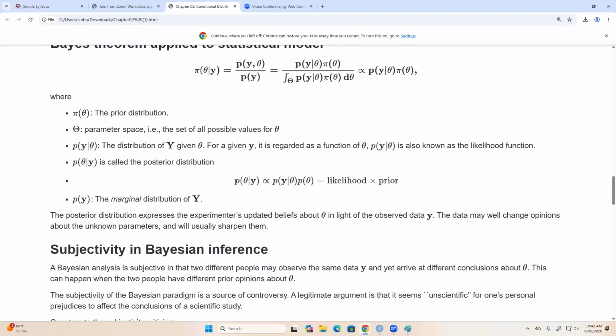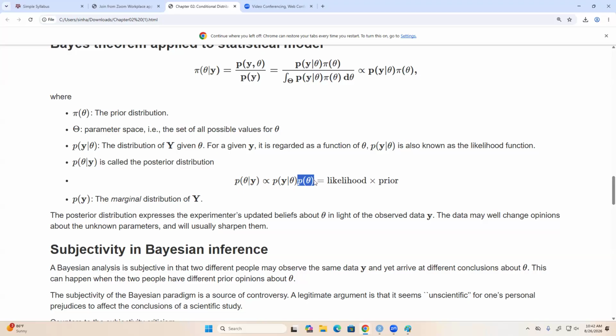So what you see is that the posterior distribution depends on the prior probability. If I use one prior distribution, I get one posterior distribution. If someone uses some other prior which is completely different from my prior distribution, their posterior distribution is likely to be very different, right? So there is a subjectivity in Bayesian analysis.